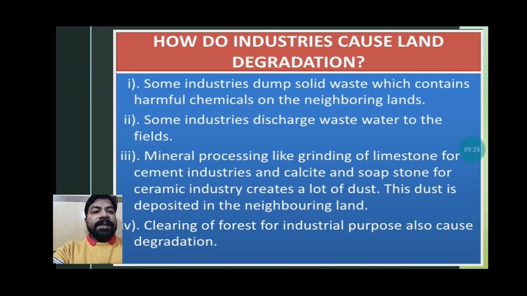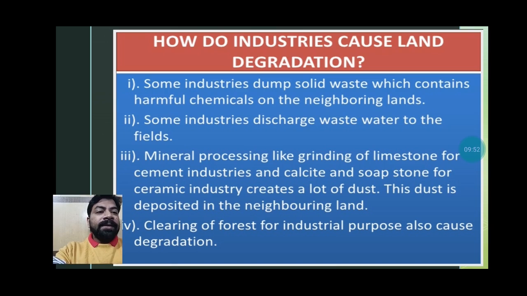Now the question arises: how do industries cause land degradation? That is very simple to understand. Some industries dump solid waste which contains harmful chemicals on the neighboring land. So this way it leads to land degradation, due to the industrial waste only. Some industries discharge wastewater to the fields.